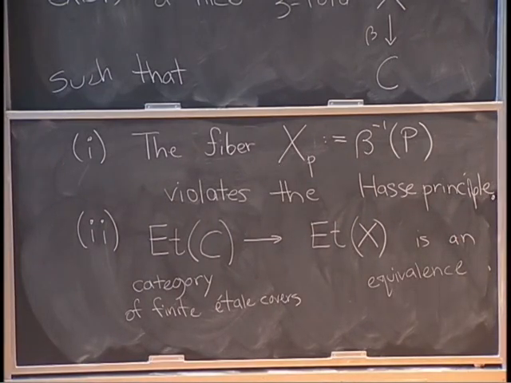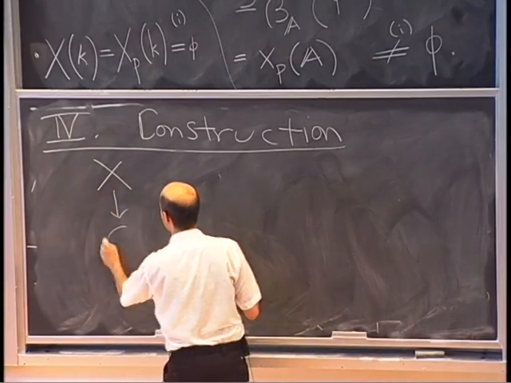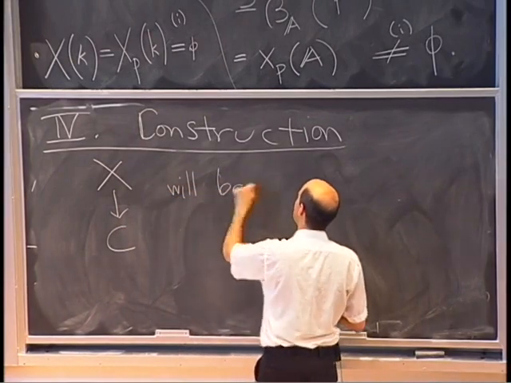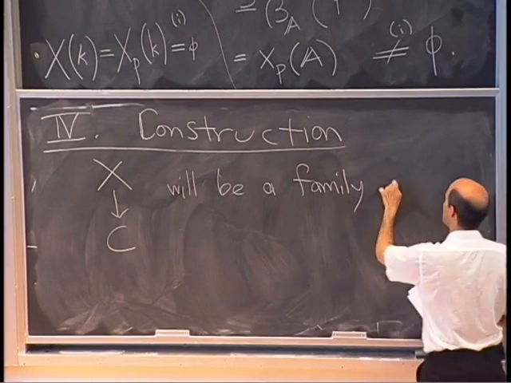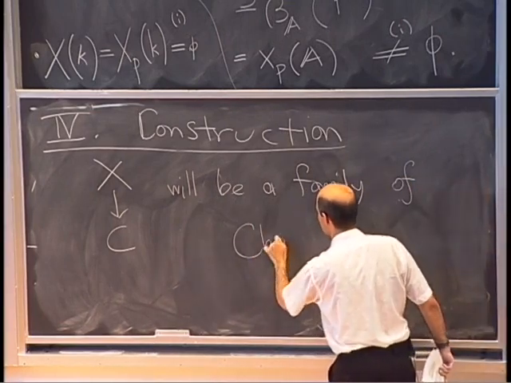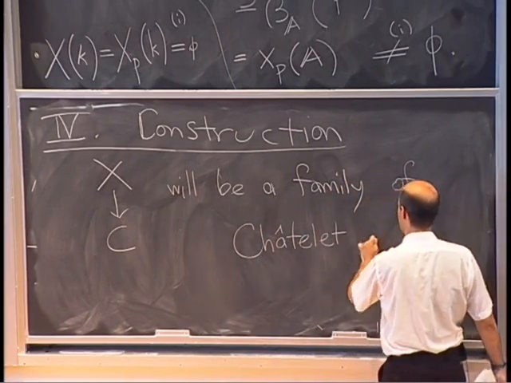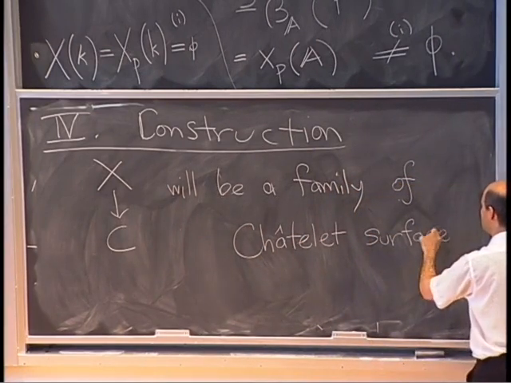So first, here's the construction. So X going down to C, there will be a family of what are called Châtelet surfaces, which is a special kind of conic bundle over P1.